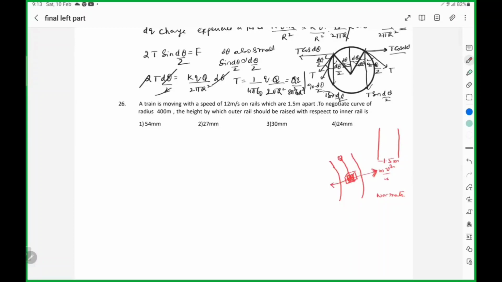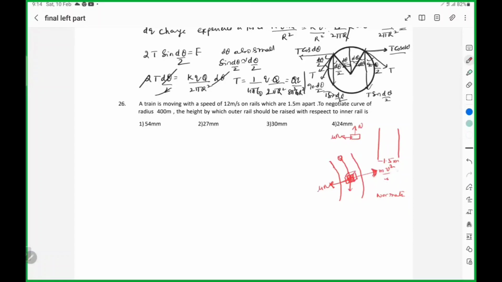So to overcome skidding, some necessary force must be there inwards. If the road is smooth, definitely skidding will happen. Nobody will escape. If the road is rough, then the forces acting on it will be the normal reaction and frictional force acting in this direction. If frictional force balances centrifugal force, then they are safe.